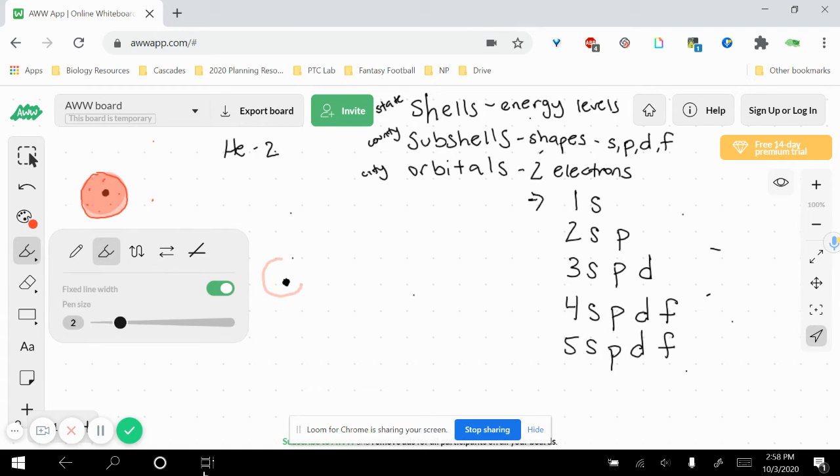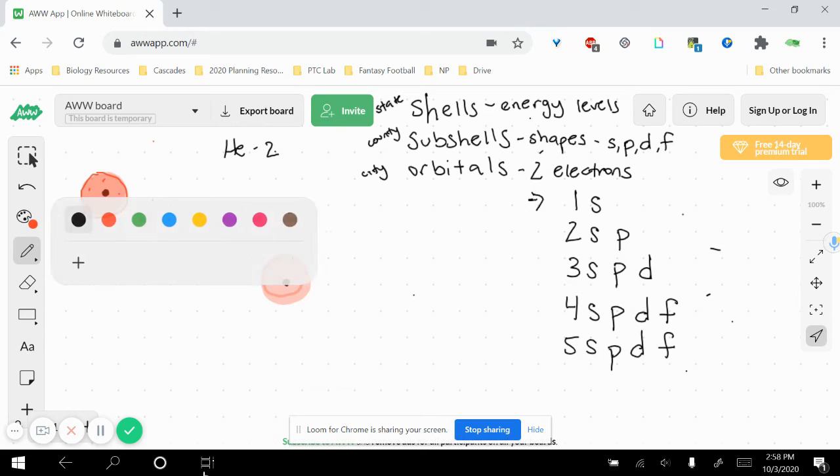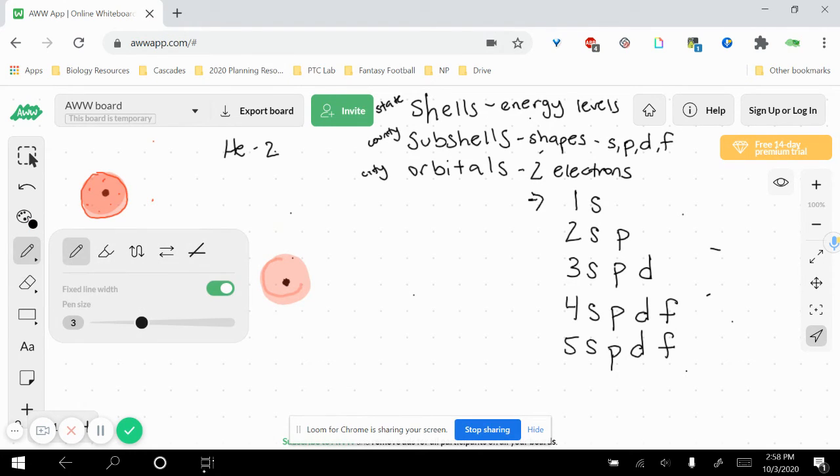And what that means is we have an electron cloud that's going to look like this. S subshells are spherical. That's just a property that they have. It's a shape. So S subshells, where should I draw this?